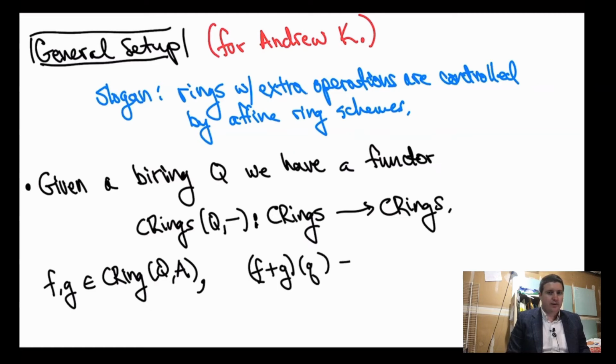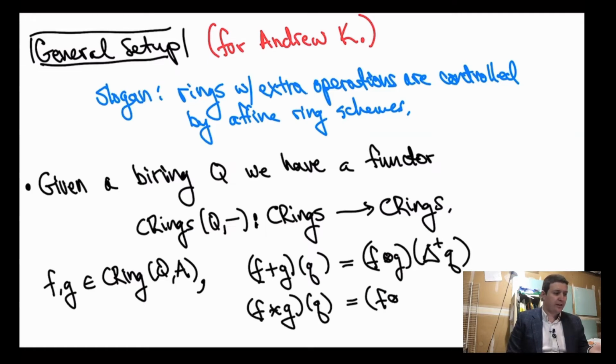If I want to add two things, I use the co-addition on the biring Q, and for multiplication I use the co-multiplication on the biring Q. Normally Hom sets in commutative rings are not rings, but in the special case of a biring, they are.